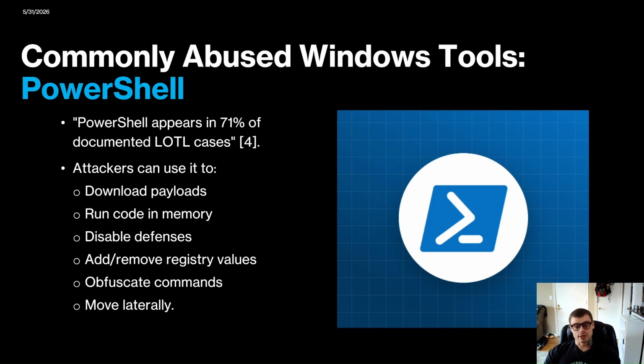First up, PowerShell. PowerShell appears in 71% of documented living off the land cases. PowerShell is also the main vehicle that we're using for the demonstration. Attackers can use it to download payloads, run code in memory, disable defenses, add and remove registry values, obfuscate commands, and move laterally.